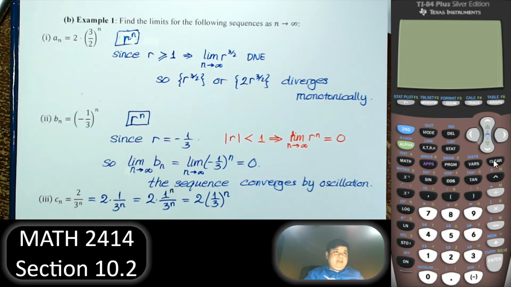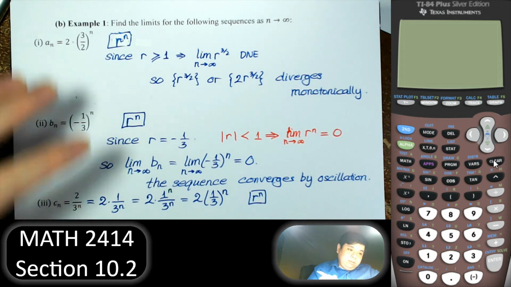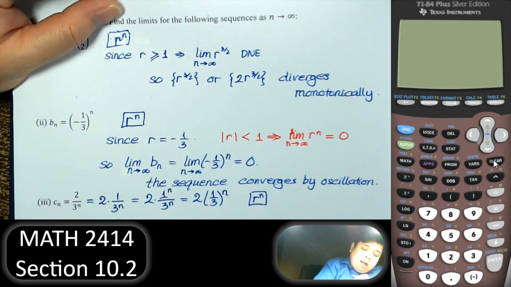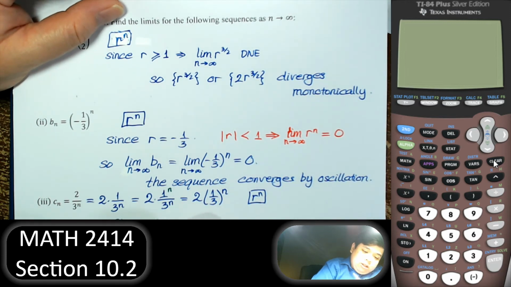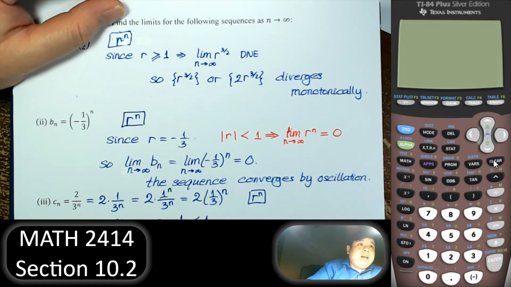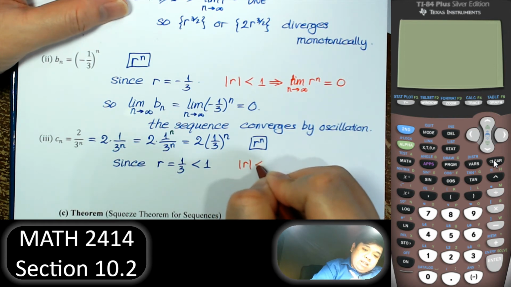And that's what we have. Now comparing to r to the n power, since r equals 1/3, which is less than 1, of course if it's less than 1, we can also say its absolute value is less than 1.